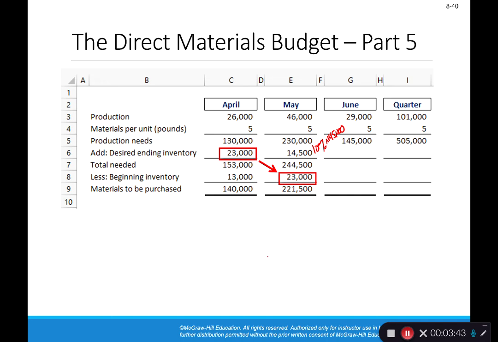For June, just in case you're not catching on yet, we'll go through and just do it real quick before I click the button. The ending inventory for May becomes the beginning in June. The desired ending inventory for June would be 10% of July. In order for us to figure out the 10% of July's, we would need to know what July's production needs are.